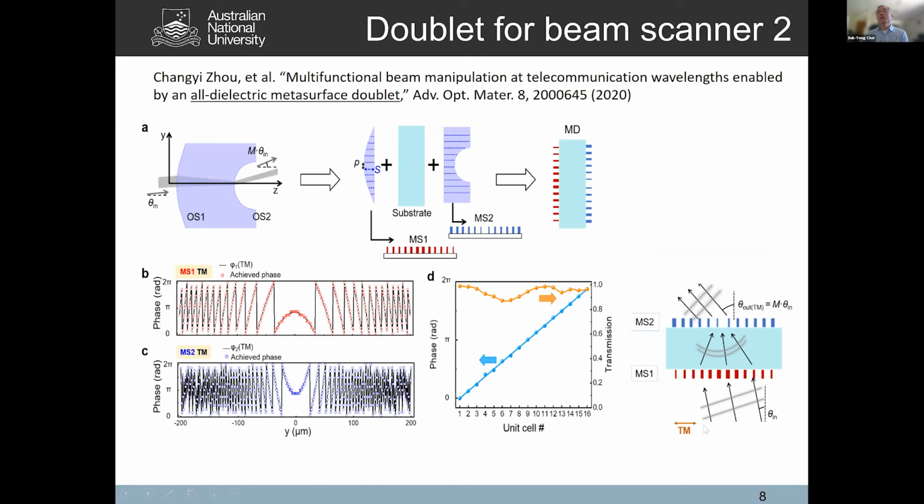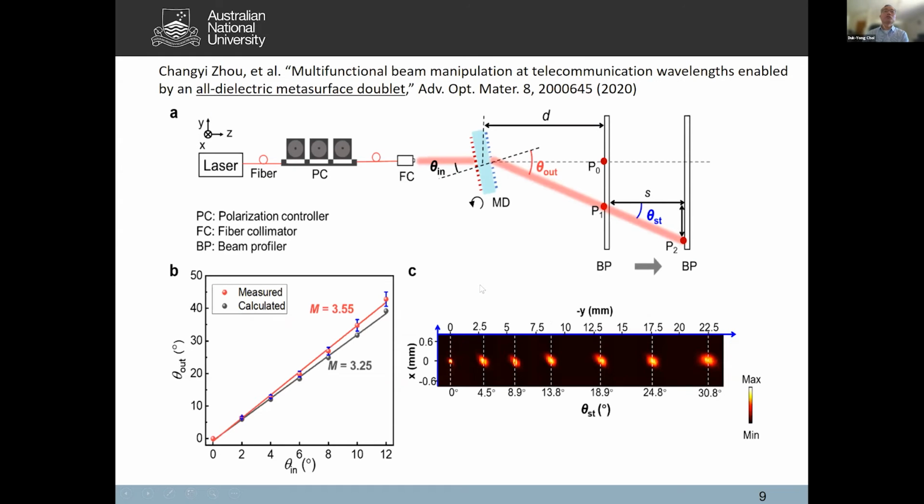Therefore, the light is converged first by the convex lens and then diverged by the concave. Using this measurement setup at 1550 nanometer, we could achieve a wide beam scanning angle just by tilting this doublet. Here, the exit angle of light is 3 times the incident angle.